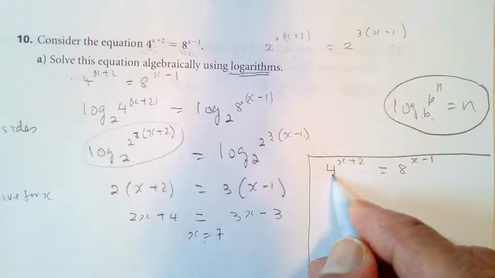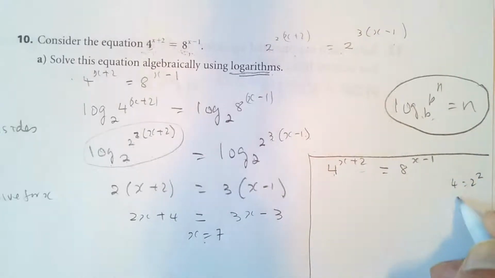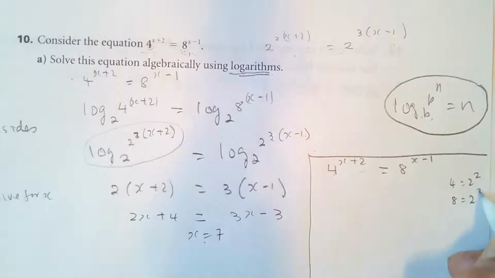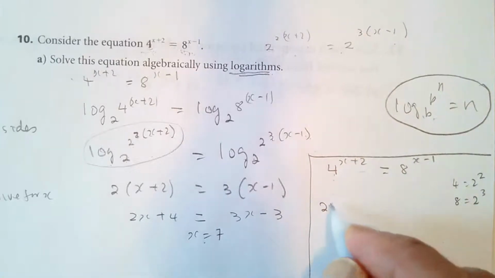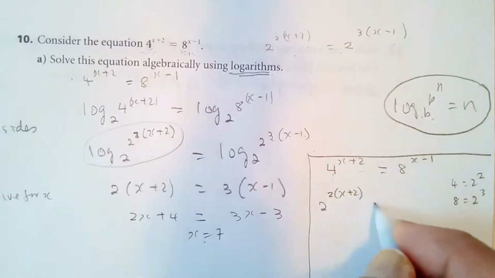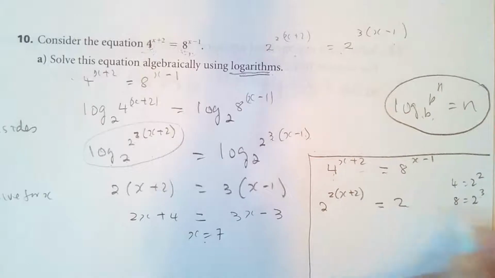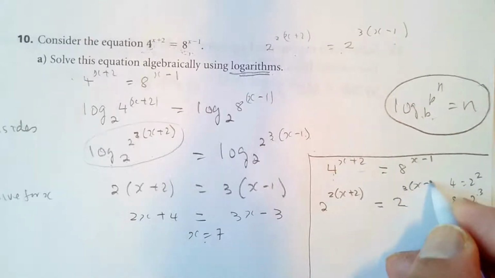We can write this as base 2 because 4 is equal to 2 to the power 2, and 8 is equal to 2 to the power 3. So now this becomes 2 to the power 2x plus 2 is equal to 2 to the power 3 times x minus 1.